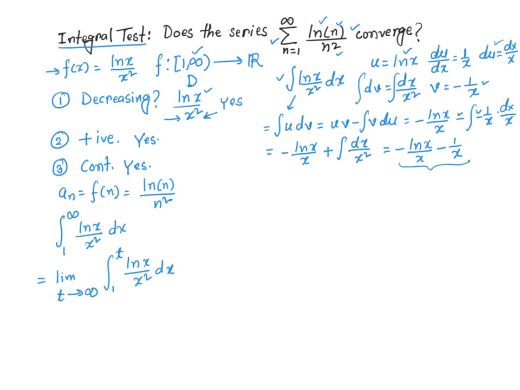Now I can substitute it here. So it's going to be the limit as t approaches infinity of the integral from 1 to t of ln of x over x squared dx. That's going to be, inside a square bracket, negative ln of x over x minus 1 over x, going from 1 to t.